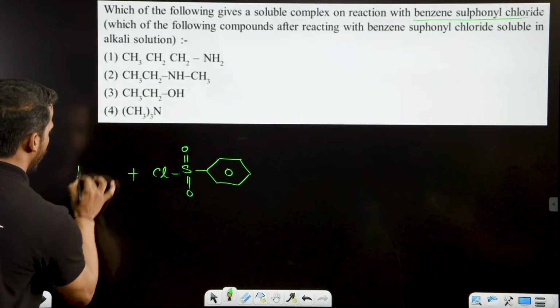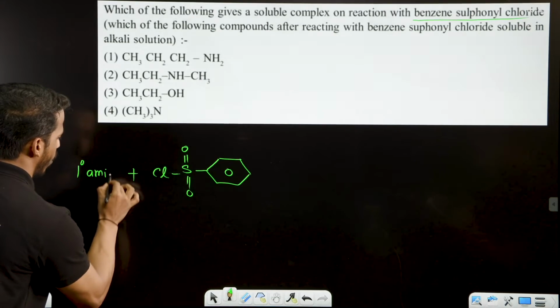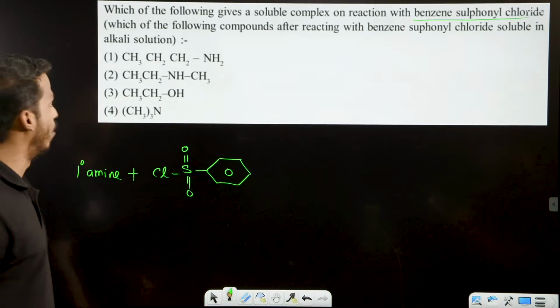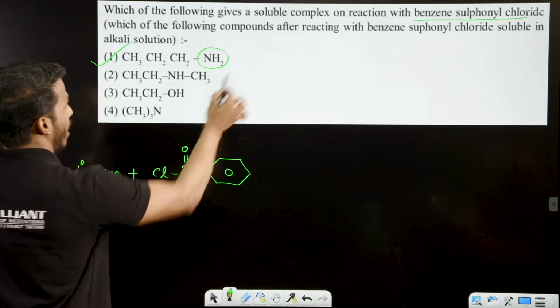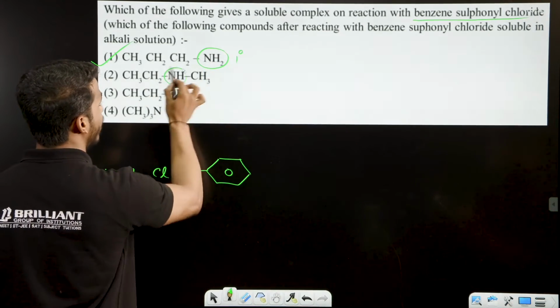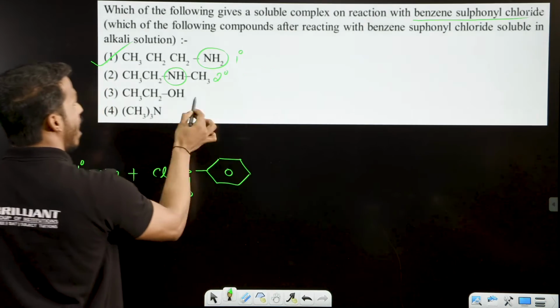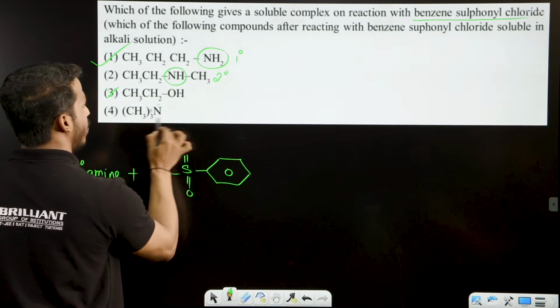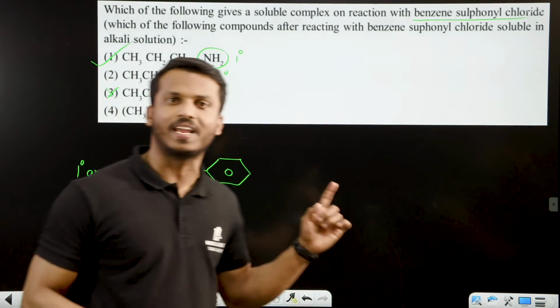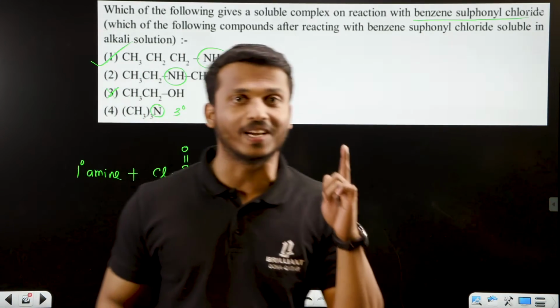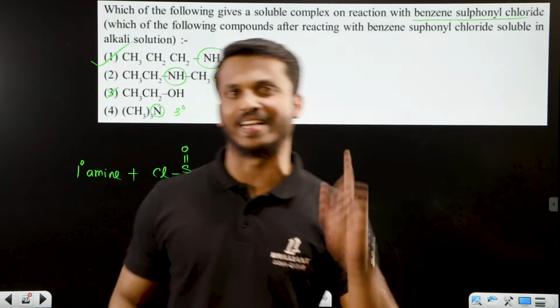So let me take this compound. The question is, which is a primary amine in this compound? Option number 1, because it has an NH2 group. It is primary. An NH group means secondary. Alcohol won't give this test. And N means tertiary. So primary, secondary and tertiary amines can be distinguished by the Hinsberg reagent test.